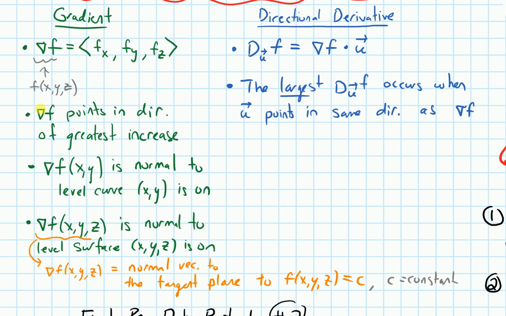So that matches up with this first property of the gradient that we wrote. We said that the gradient points in the direction of greatest increase. So that's basically what this is saying.